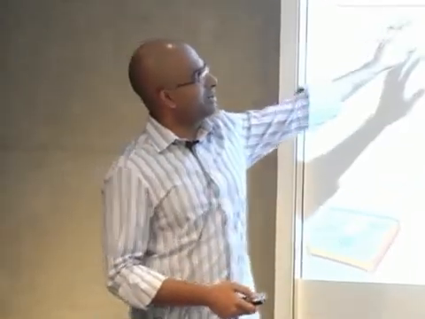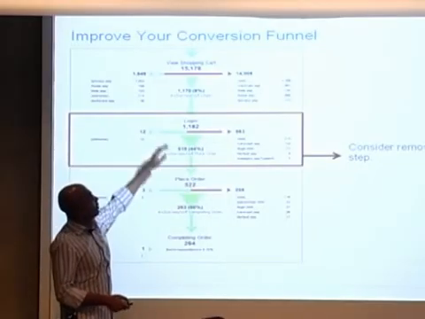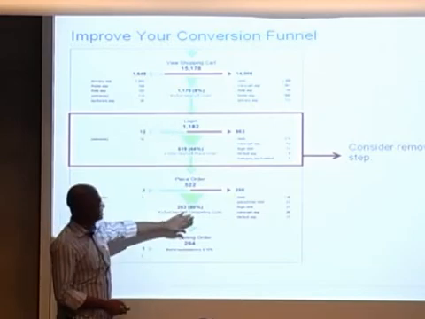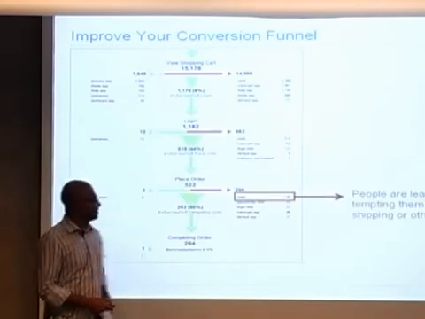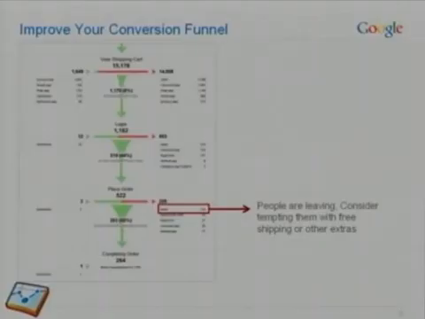So let's say we get rid of this step and we get more people moving from this step down to here. What can we do here then? They're ready to place an order, and we see even though they're ready to place the order, still a lot of them just leave the site completely. That's what it means by exit there. So what can we do for them? What we could do perhaps is give them some free offers, maybe offer them free shipping or give them a free gift.